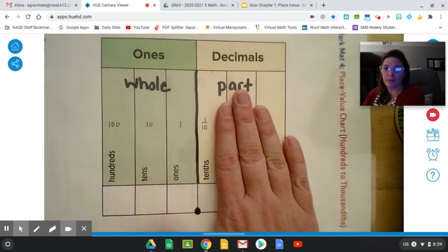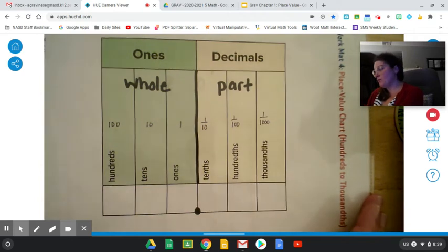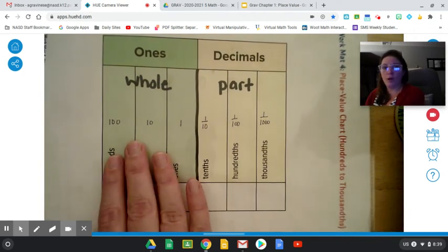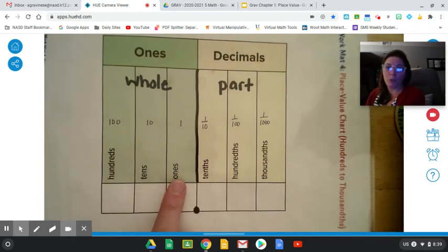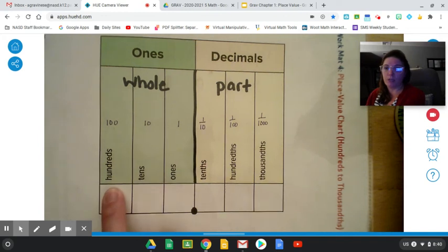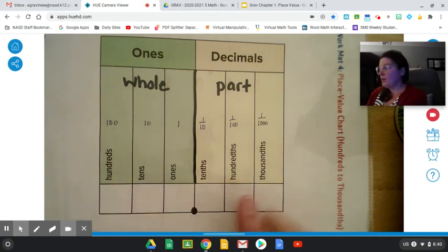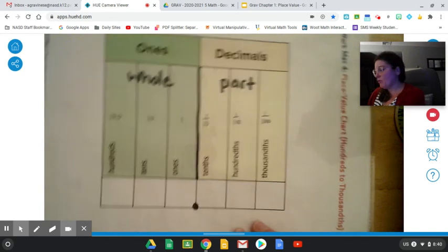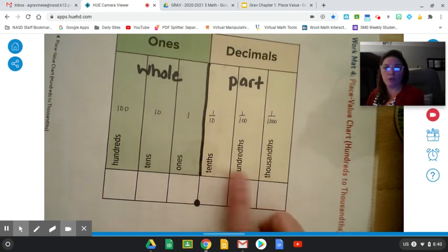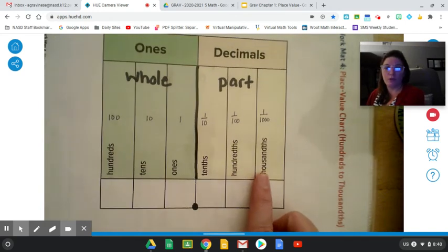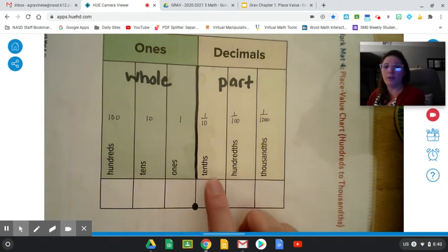On this place value chart, we see the ones period, which includes the ones, tens, and hundreds place value. And then for fifth grade, you're responsible for knowing the first three place values to the right of the decimal point: the tenths, hundredths, and thousandths.